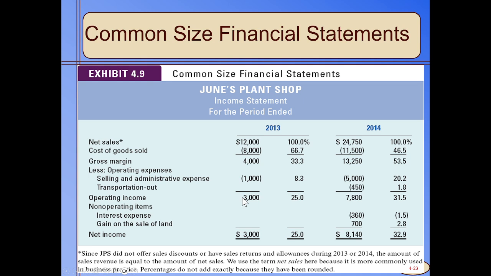Analyzing the common size statement suggests that June's strategy did increase the profitability of her business. Gross margin increased from 33% to 53%, and the return on sales increased from 25% to 33%.